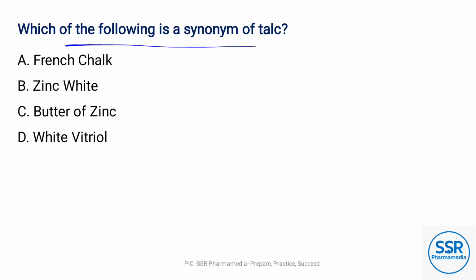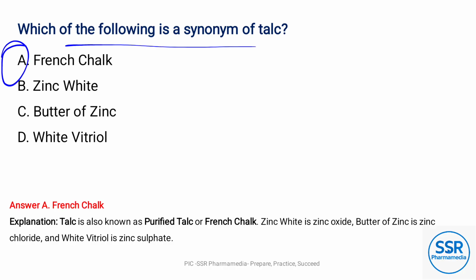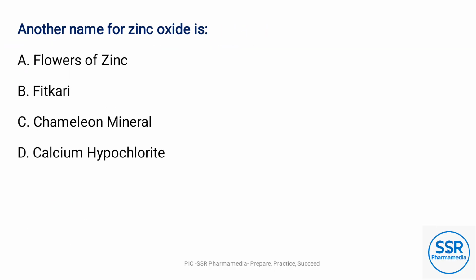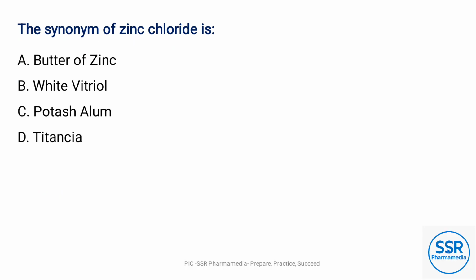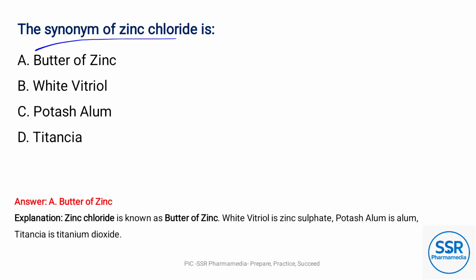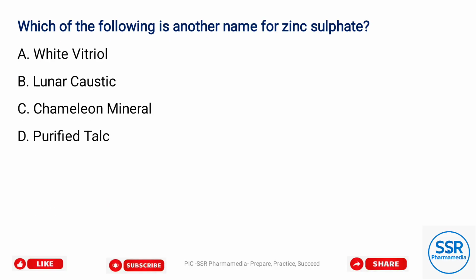Which of the following is a synonym of talc? Option A, French chalk. Another name for zinc oxide is, option A, flowers of zinc. The synonym of zinc chloride is, option A, butter of zinc. Which of the following is another name for zinc sulfate?